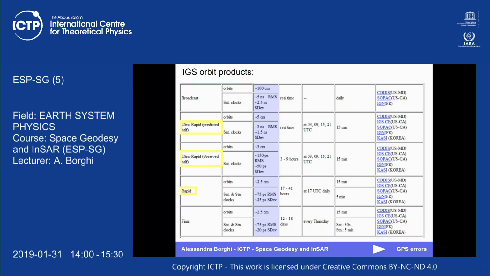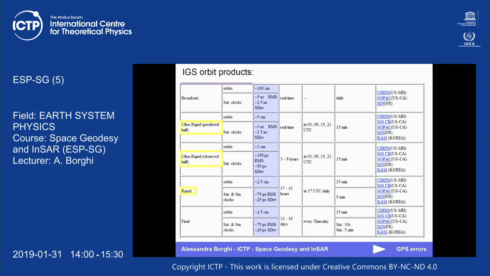These are the broadcast ephemerides, because if you want to check how many satellites will be in a given place on the Earth at a given time, it's called the planning phase, you can use the broadcast file and find the position of the satellite. There are also other products with increasing precision up to the final product, the final ephemerides that give us the position of the satellite, but not in real time.